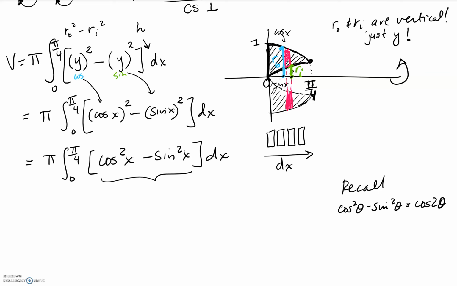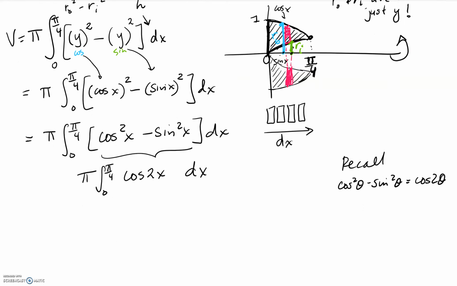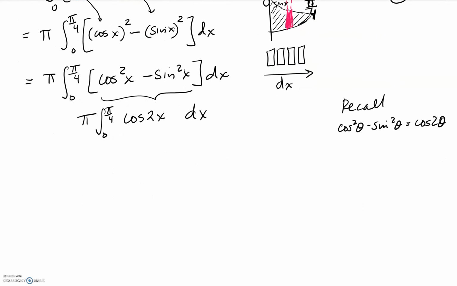So this guy is just going to change to cosine 2x so that you don't have any squares involved, so that your integration can be easy. From 0 to pi over 4, pi outside, dx next to it. So now my integrand looks much better with no squares to worry about.